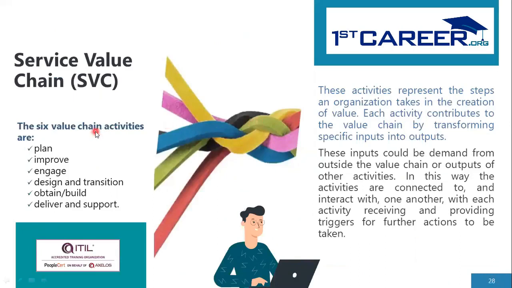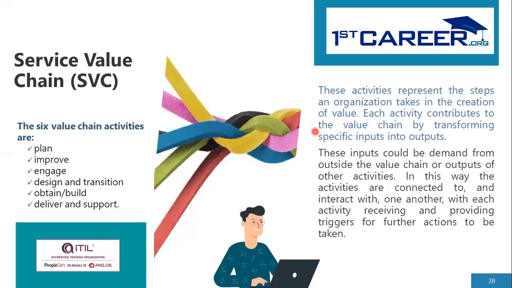The service value chain, continuing with that. There are 6 value chain activities in the SVC: plan, improve, engage, design and transition, obtain or build, deliver and support. These 6 activities represent the steps an organization takes in the creation of value. Each activity contributes to the value chain by transforming specific inputs into outputs.